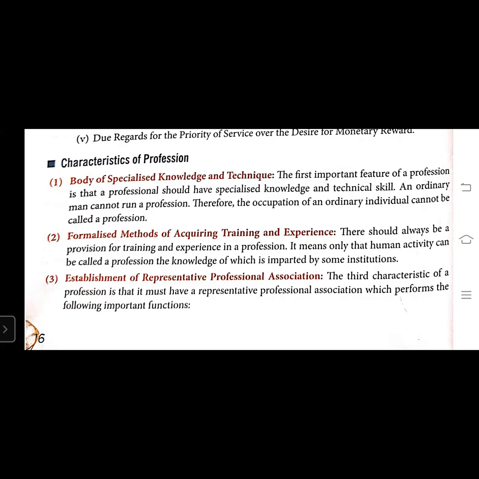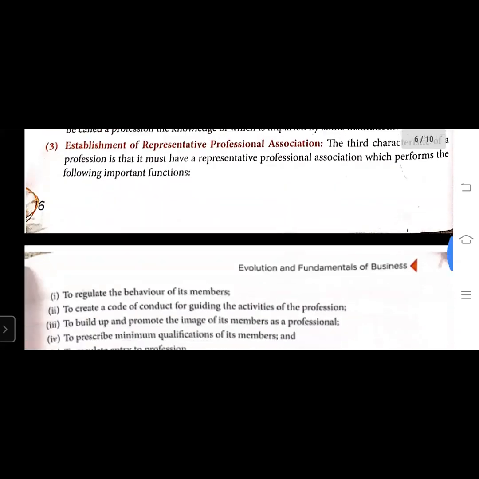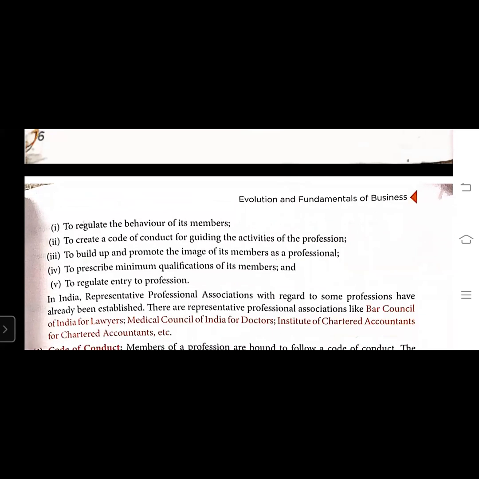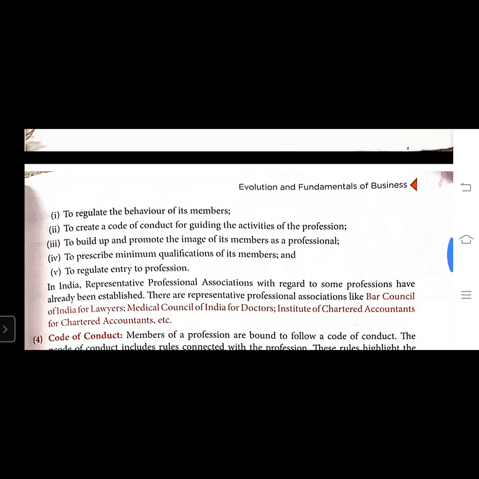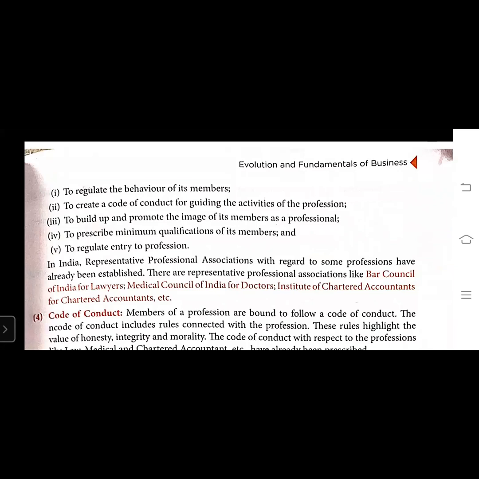For example, a lawyer has to become a member of the Bar Council to practice law in India, right? These associations regulate the behavior of their members, create a code of conduct for guiding the activities of the profession, promote the image of their members as professionals, prescribe minimum qualifications of members, and regulate entry to the profession.